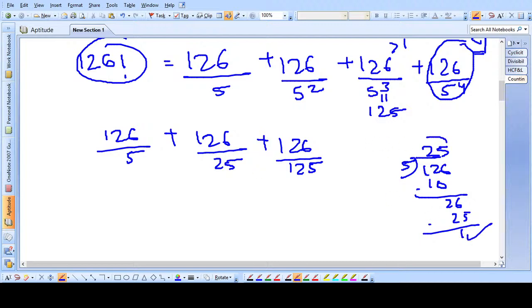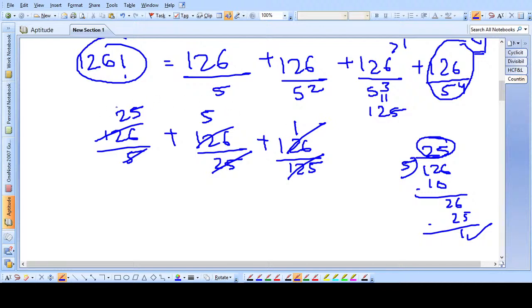So the value is 25 point something, leave that. Similarly, 126 divided by 25 is 5. And 126 divided by 125 is approximately 1 point something.